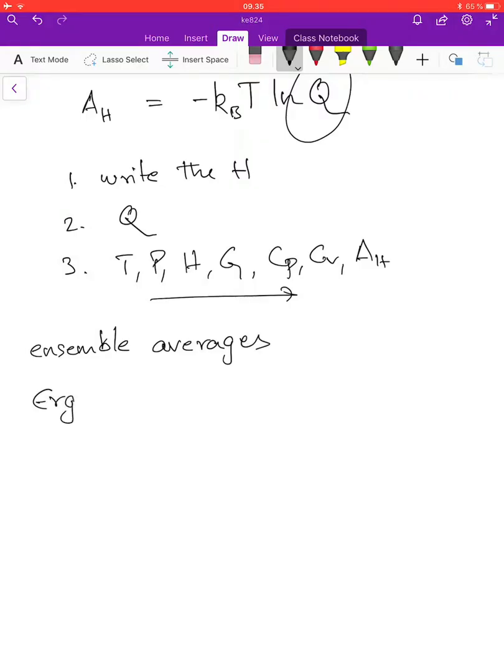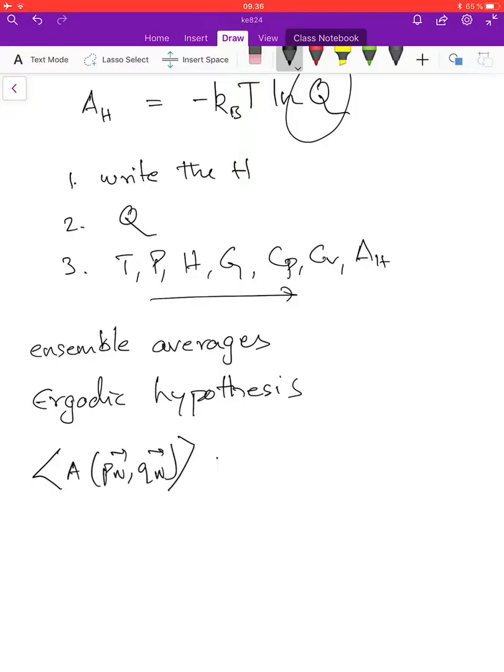The ergodic hypothesis states that the ensemble average is the same as the time average, which we had considered earlier.